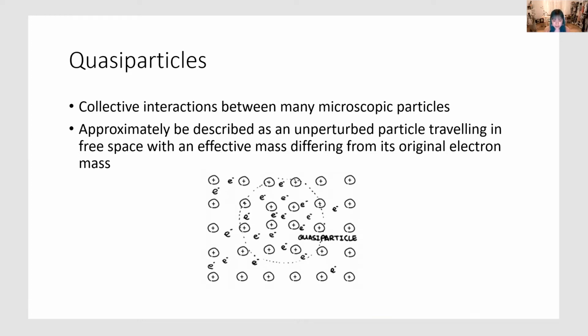So collectively, they have to correlate each other's movement, and they have to move together in a collective way. And this collective excitation is called the quasi-particle. It is not a very definitive, fundamental particle, but as a whole it is called a quasi-particle.